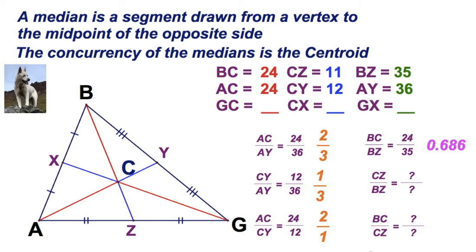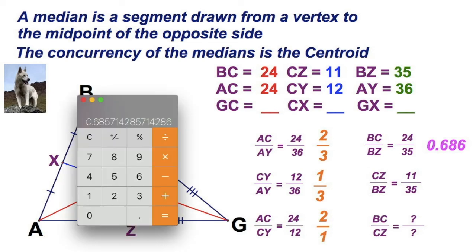Margin of error. Let's see what we get when we measure CZ. That's going to be 11 out of 35. And we'll take our calculator again. Let's clear it. And we're going to put in 11 divided by 35.